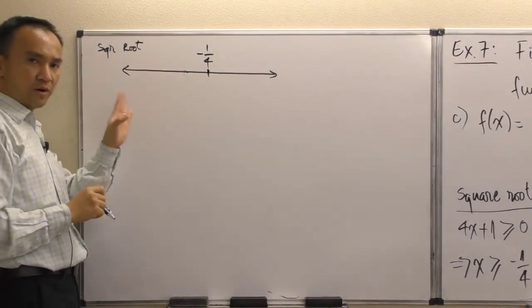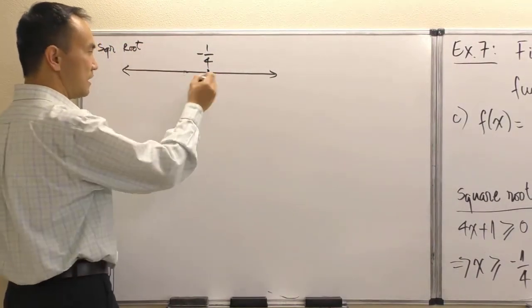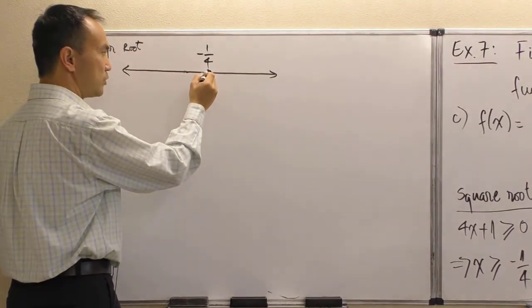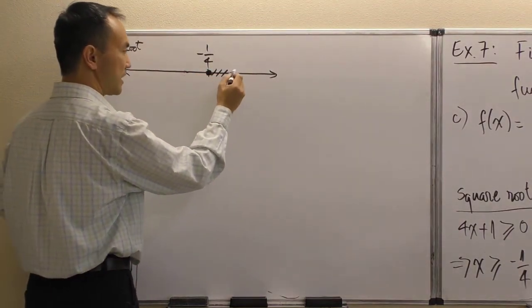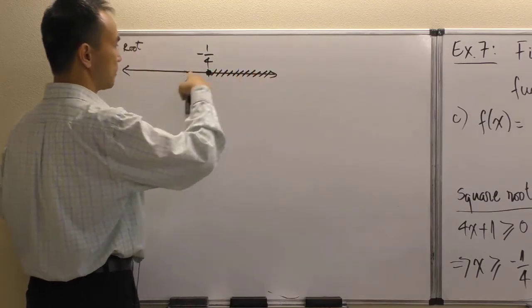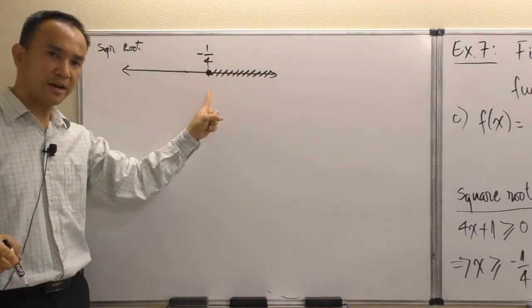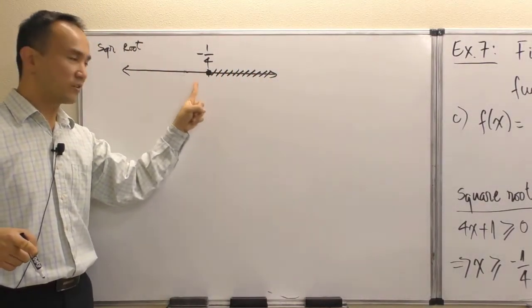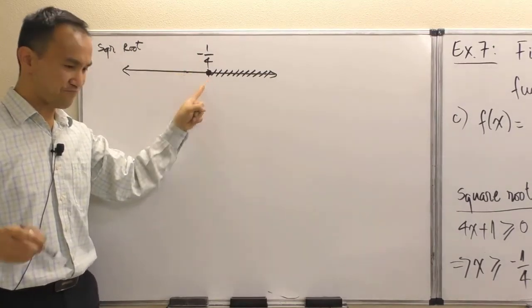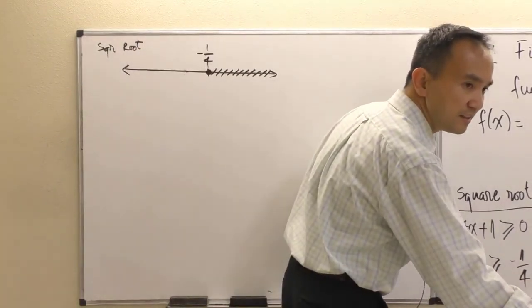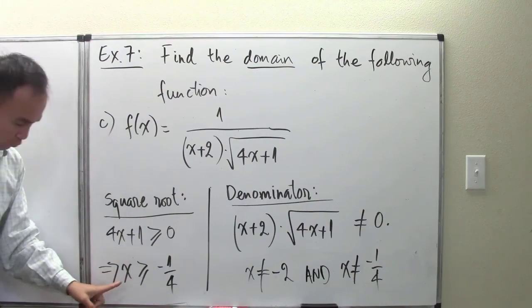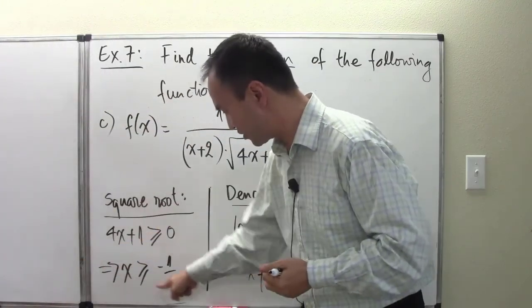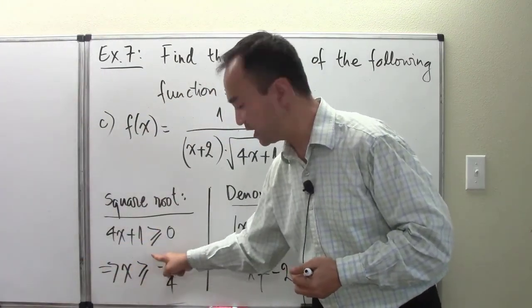For the square root requirements, graphically we do include -1/4, and we take anywhere above that. This is what it said earlier: x is greater than or equal to -1/4. So -1/4 is somewhere here. I was just graphing the solution of this inequality.